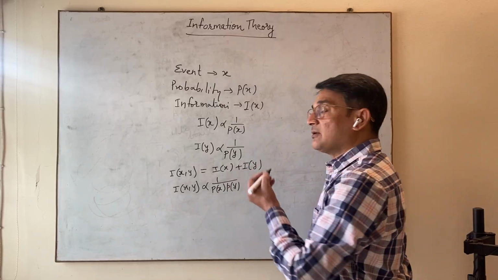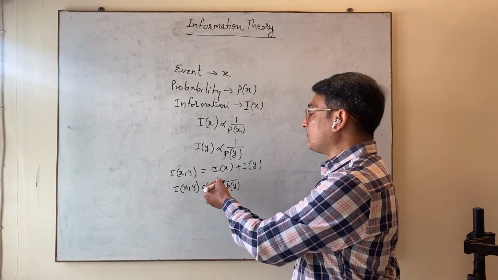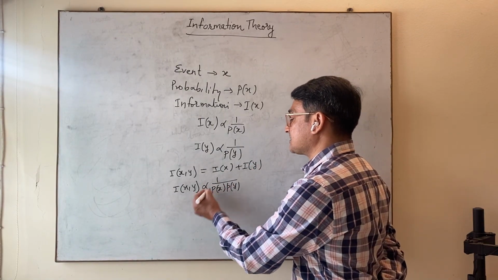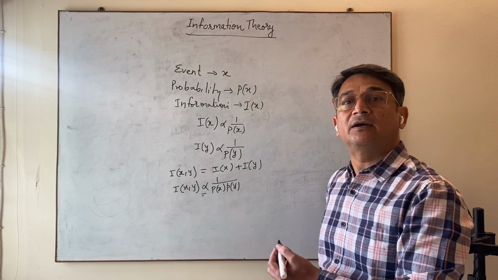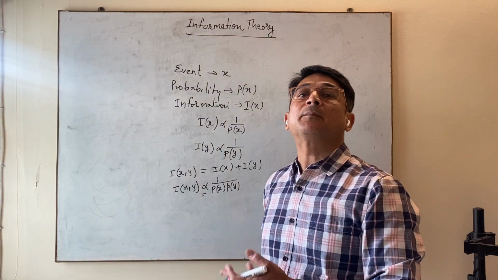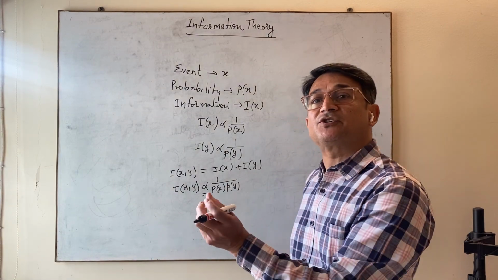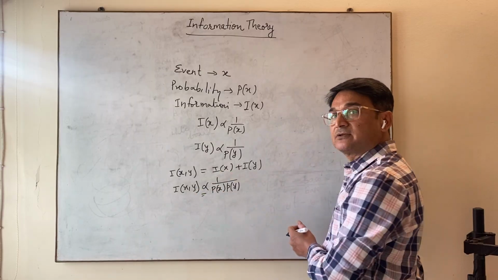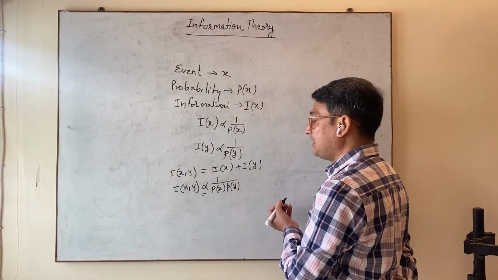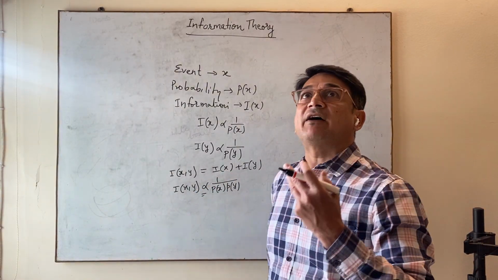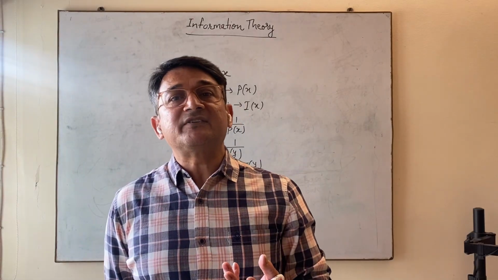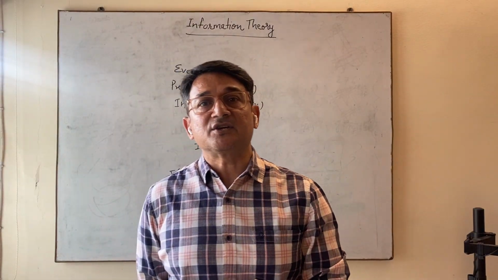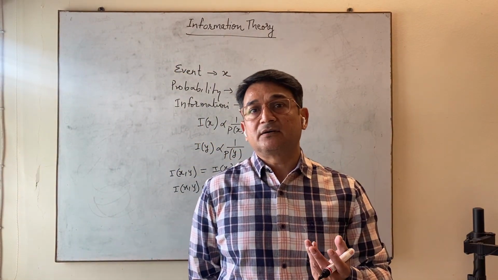So from these equations, if I want to remove this sign of proportionality, I need a mathematical operator or a proportionality constant. So we have to think of a mathematical operator which can convert multiplication into addition. Logarithm is such an operator.